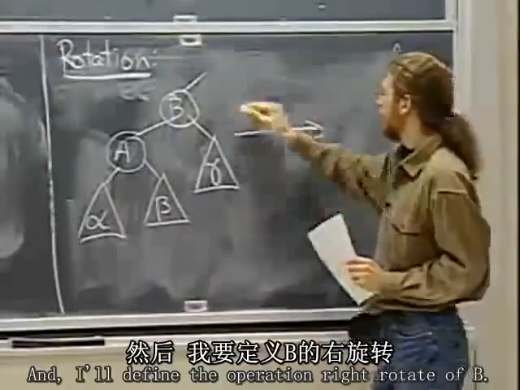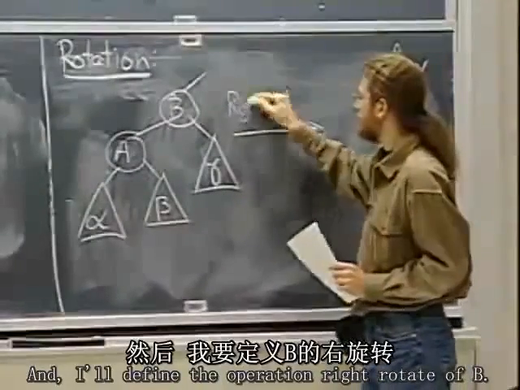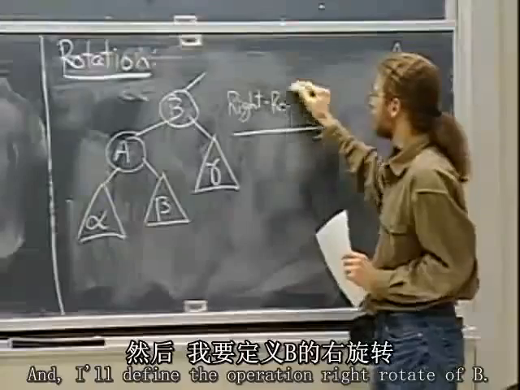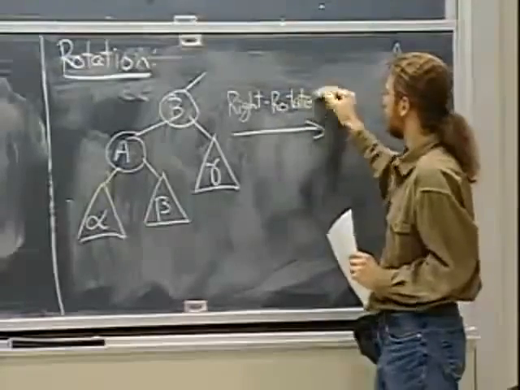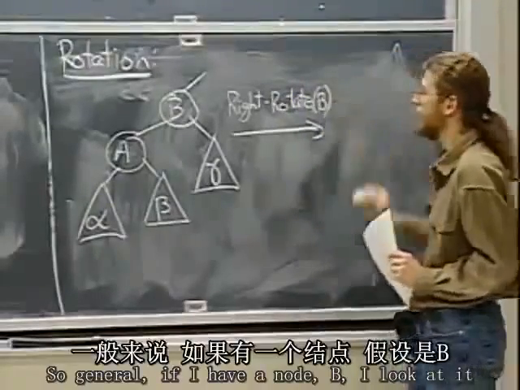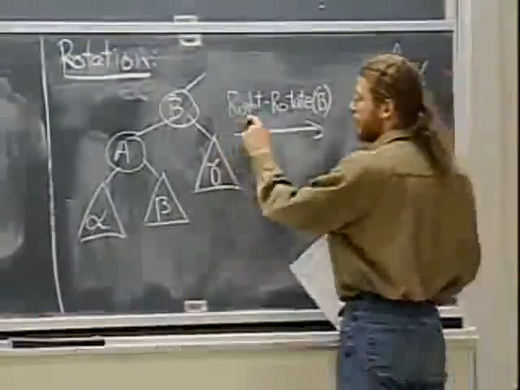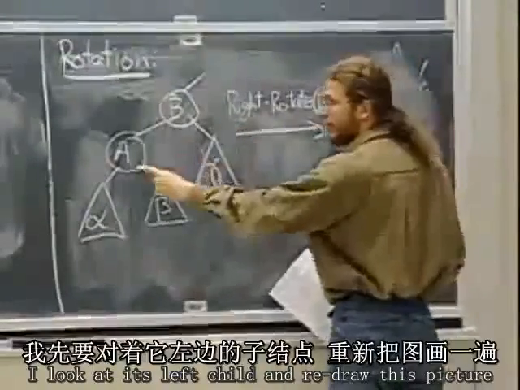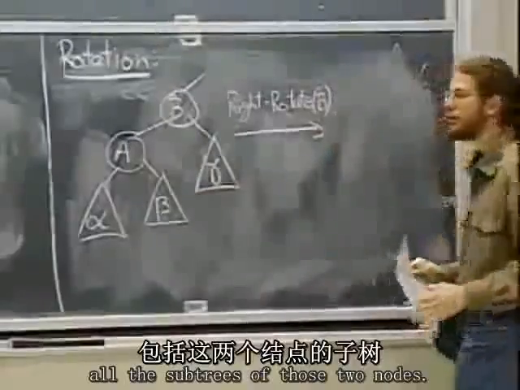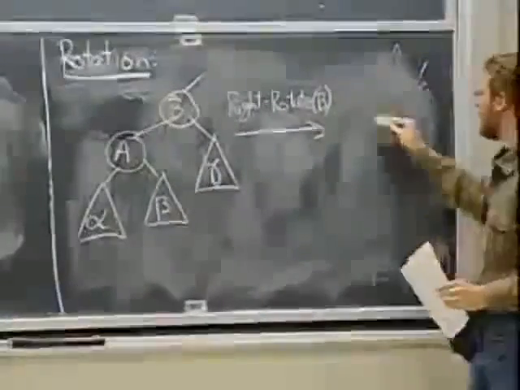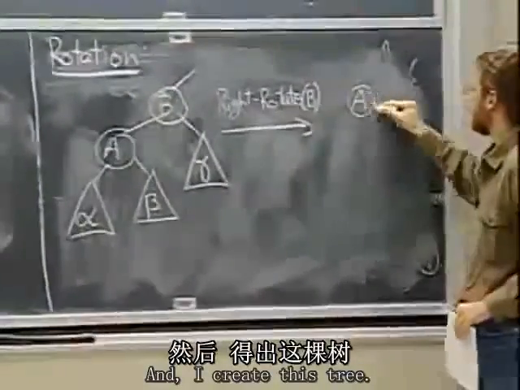And I'll define the operation right rotate of B. So in general, if I have a node B, I look at its left child and draw this picture, all the subtrees of those 2 nodes. And I create this tree.